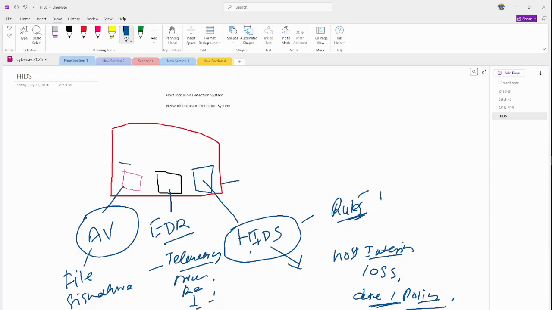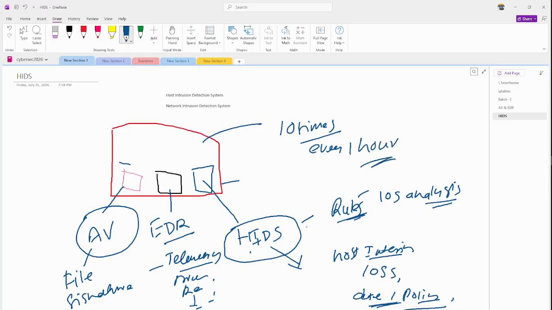Rules based on the log analysis. Okay. Let's say one guy is trying to attempt 10 times every 1 hour. One user is trying to attempt a username 325 321 with random passwords.